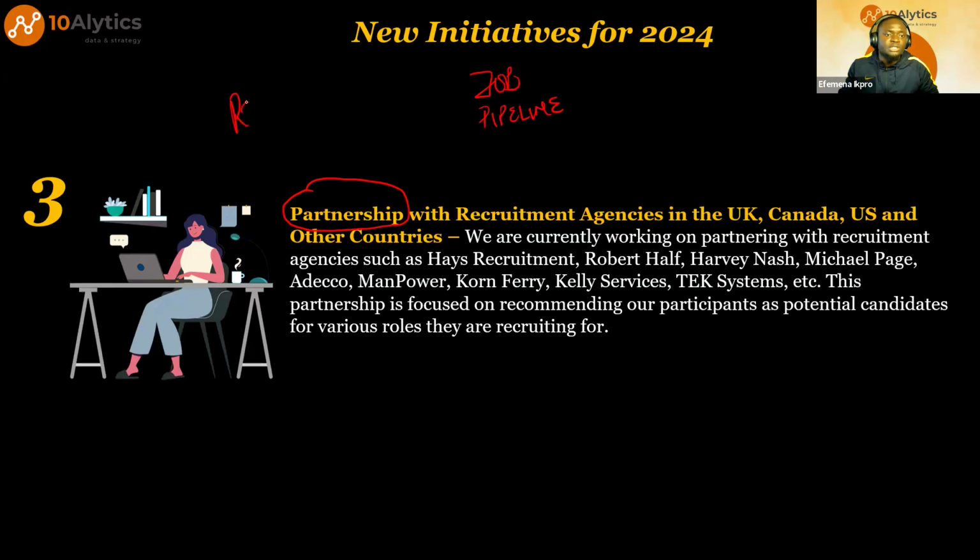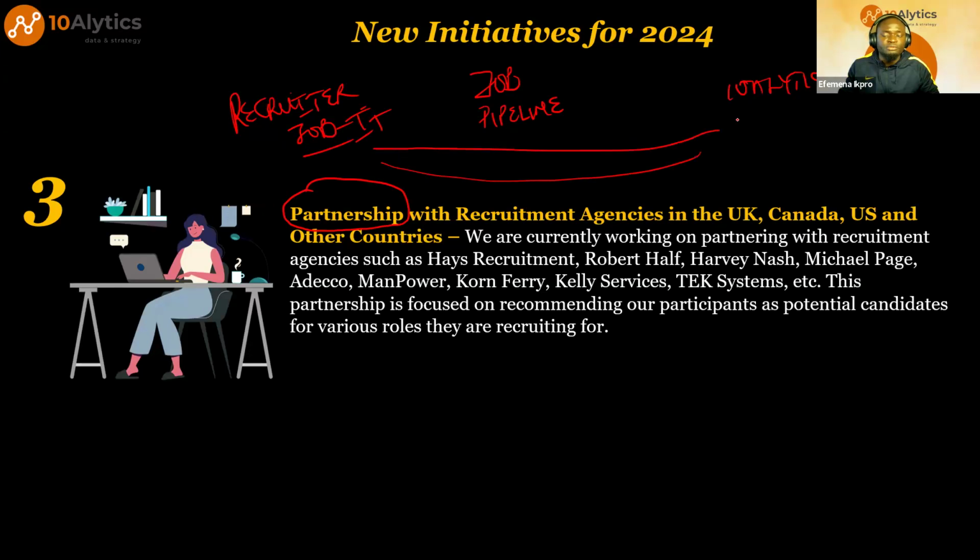So we have the recruiters on one end that have access to all the job postings they are always recruiting for, for certain jobs in IT. And what we do here at Analytics is train you to have the experience of getting these jobs. So essentially, we are building a recommendation pipeline.